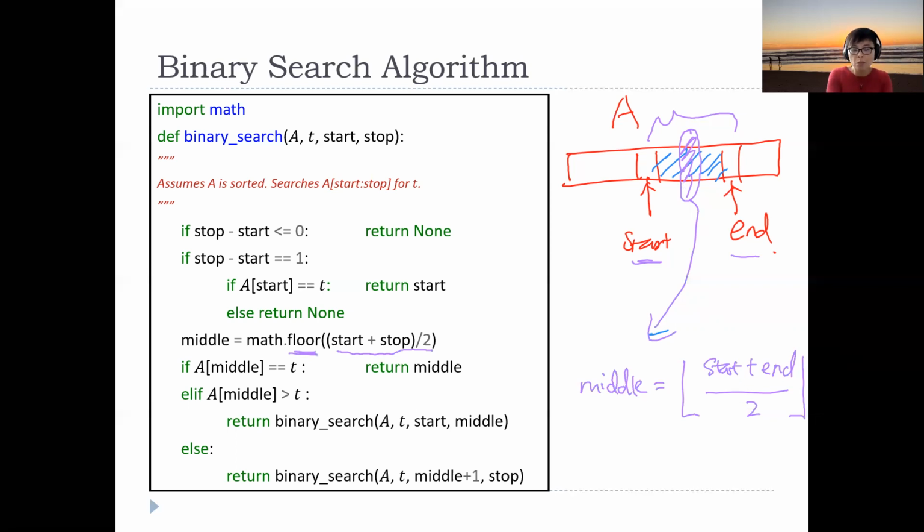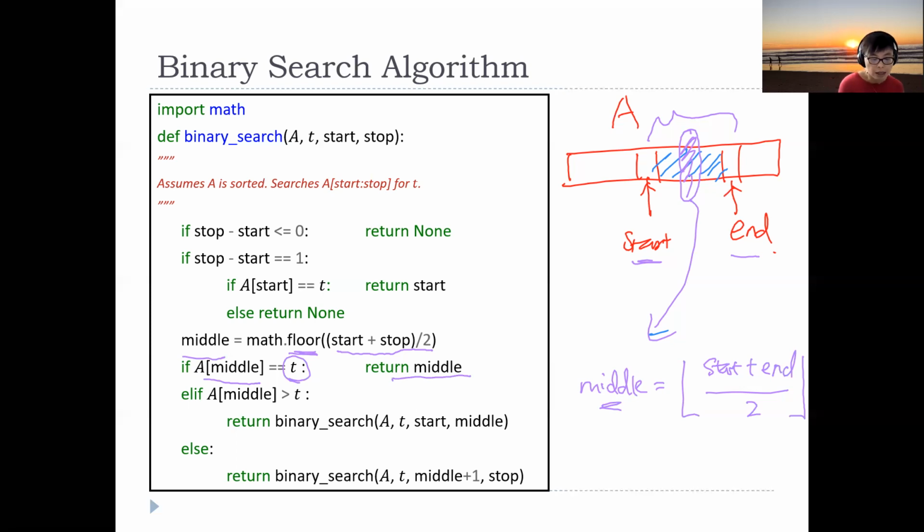So given this portion of the subarray that we're going to check for the target T, I first check the middle one. That's what we have in the code. We first compute the middle index. Now, if we're lucky, and the element stored here is exactly the target we're looking for, great, we found it. We simply return this index.